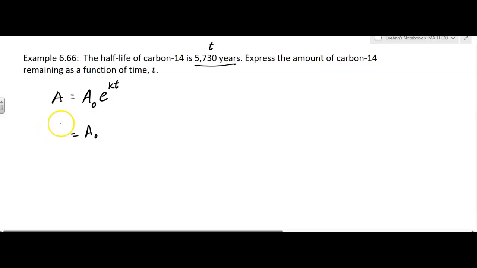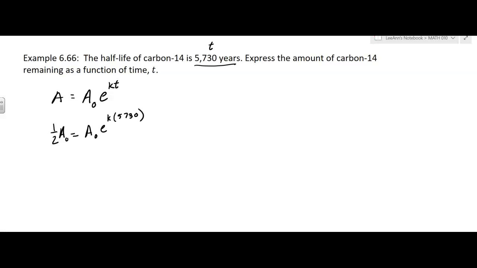But we do know that after this 5,730 years, we're only going to have half of it left. Okay, so we set up our formula that way. It doesn't matter how much we start with, 1,000 grams, 200 grams. It doesn't matter, because over that period of time, we're only going to have half of the amount left.